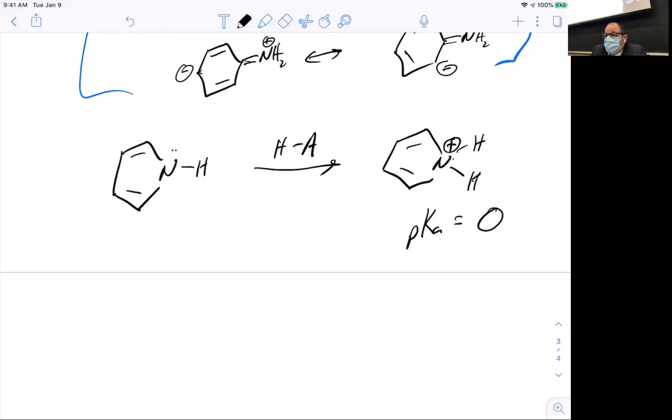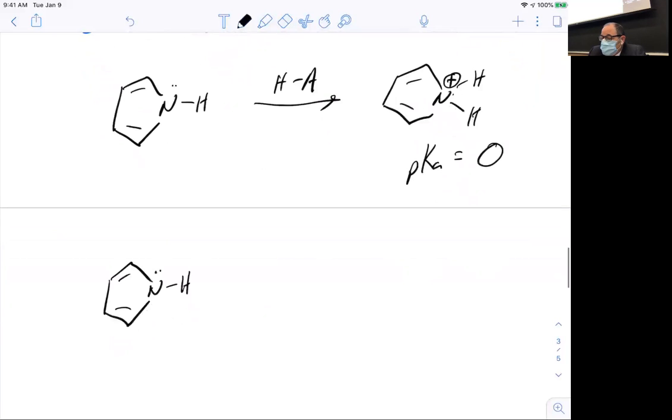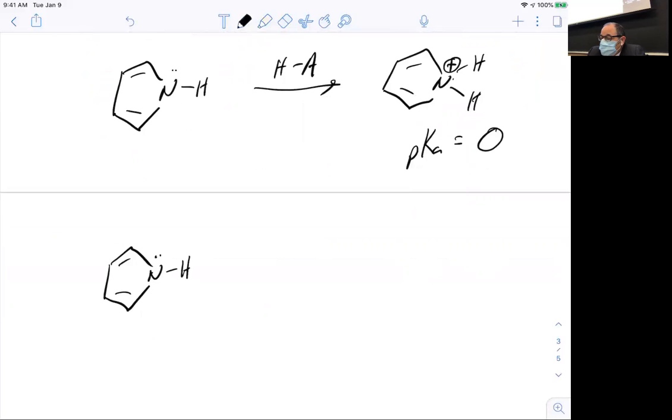And it has to do with the fact that the lone pair is actually part of the aromaticity. So if we look at this species over here, in this species, that nitrogen then is actually sp2.